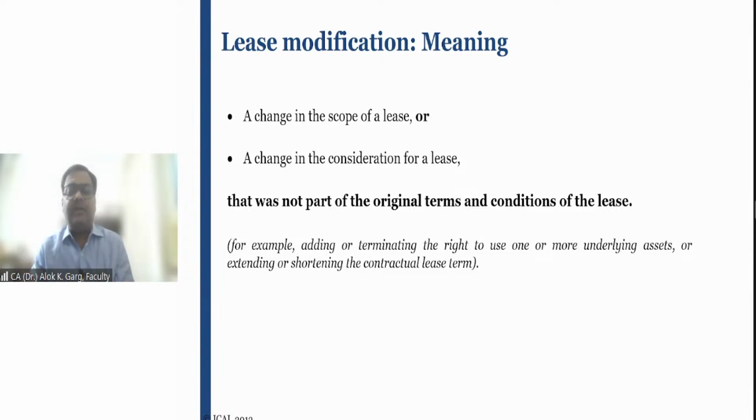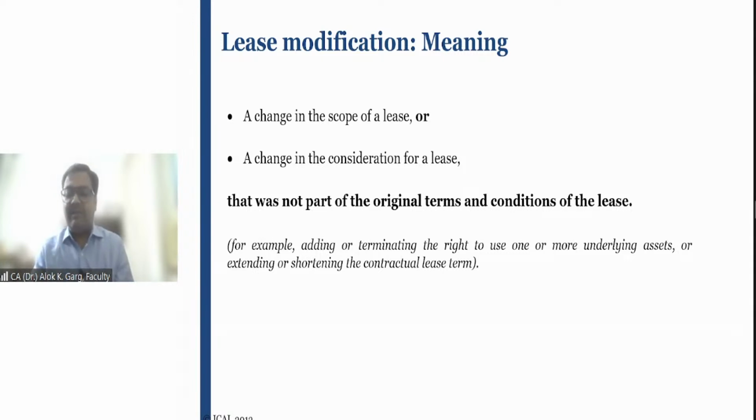The second example could be, for example, I have acquired 10,000 square feet of space, right? Now after 2 years, due to my business expansion, let's say on that second floor there were 4 rooms available. Out of those 4 rooms, 3 rooms I have taken on lease as a lessee, and 1 room was still in the possession of the lessor.